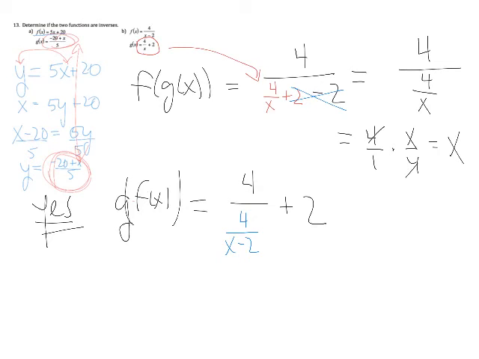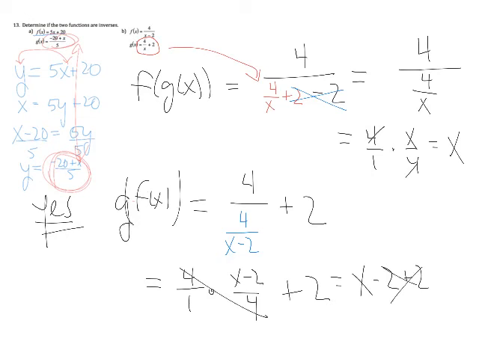That something is f of x, and then you do the same thing. Okay, it's really going to be 4 over 1 times x minus 2 over 4, plus the 2. Those 4's are going to cancel. You'll have an x minus 2 plus 2. Those 2's are going to go away, so you get an x there.